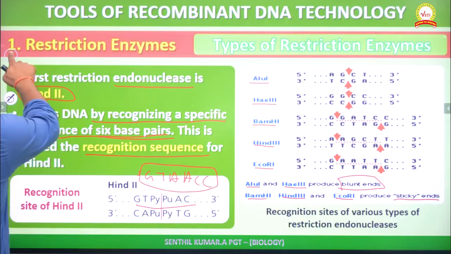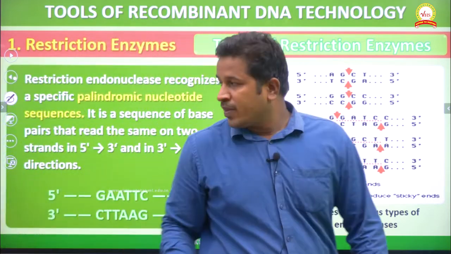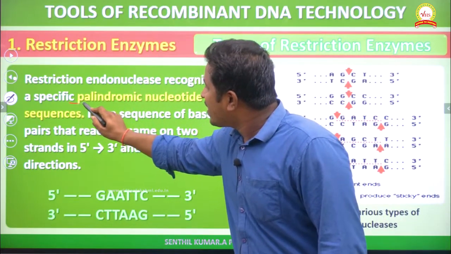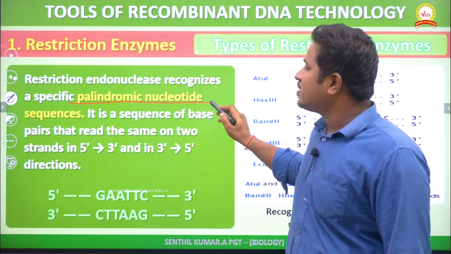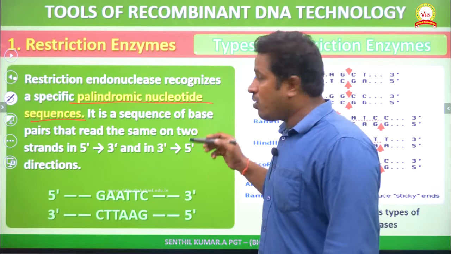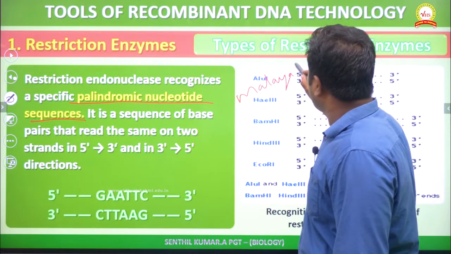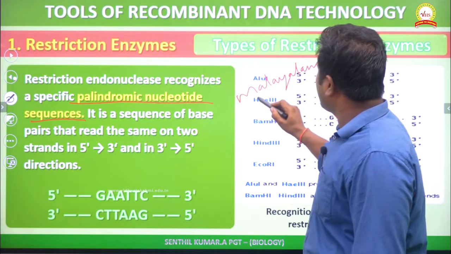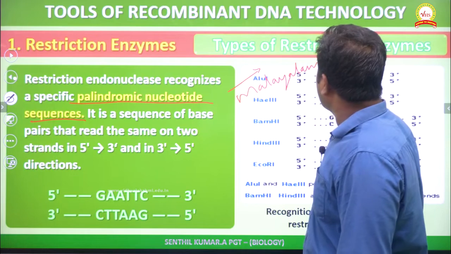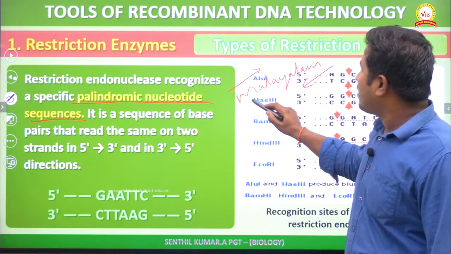And this is a continuation. The restriction endonuclease recognizes a specific palindromic nucleotide sequence. What is a palindrome? You know the word Malayalam. If you read from left to right or right to left, it reads the same.